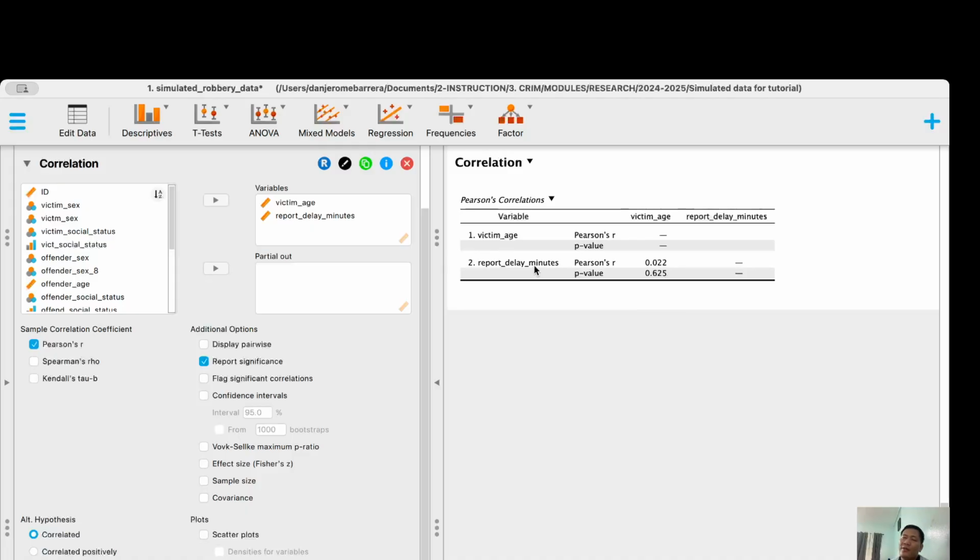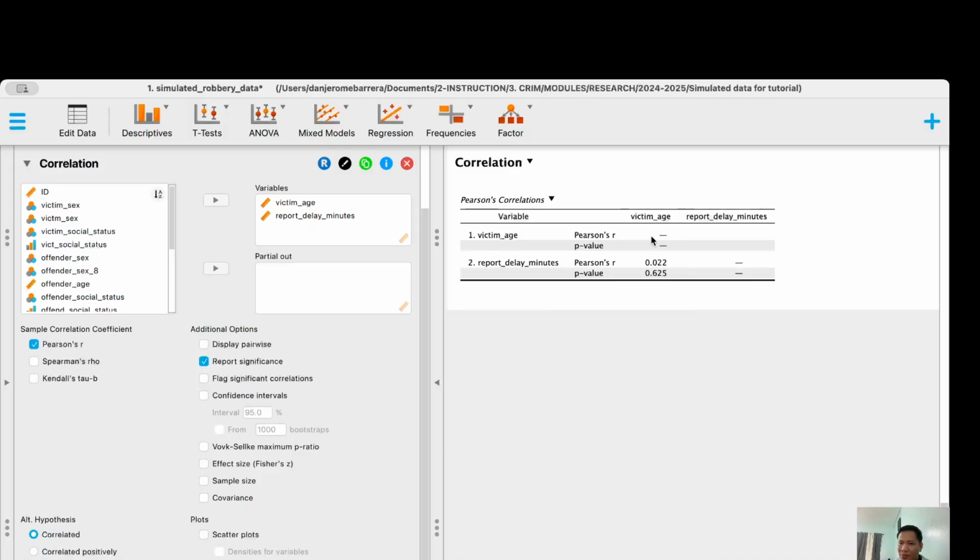So whether the victim is younger or older, it doesn't matter. They have similar reporting delays. Now, you might ask, what do these lines represent between victim's age and victim's age?